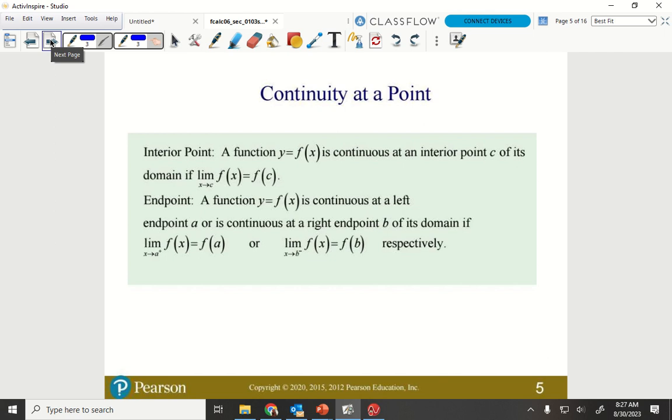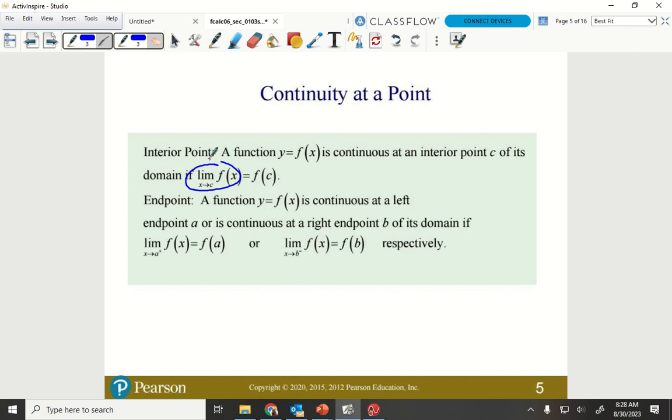Anyway, continuity at a point. Interior: the function is continuous at interior point c if c is in its domain, in between there. So the limit must exist from the left side and right side. So this is not a one-sided limit. It is a both-sided limit. It has to exist for it to be continuous there.